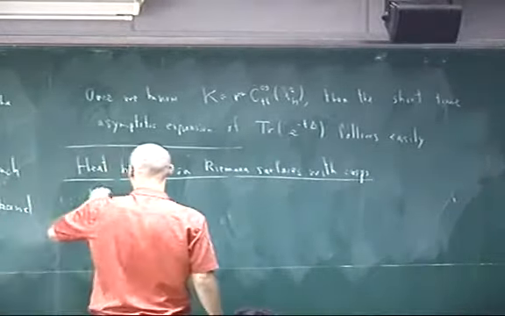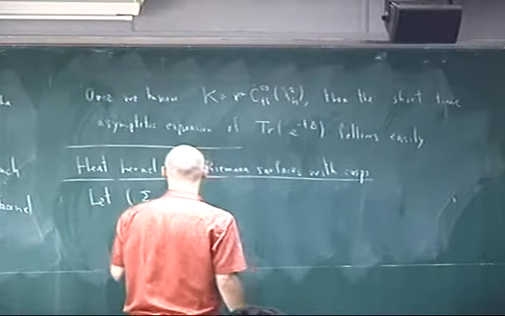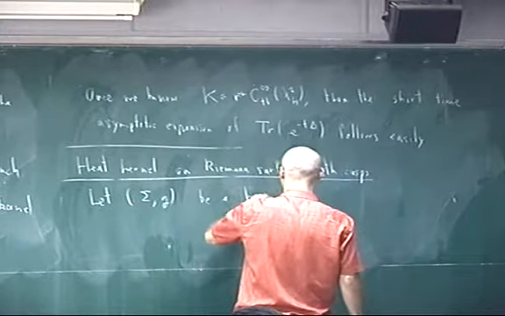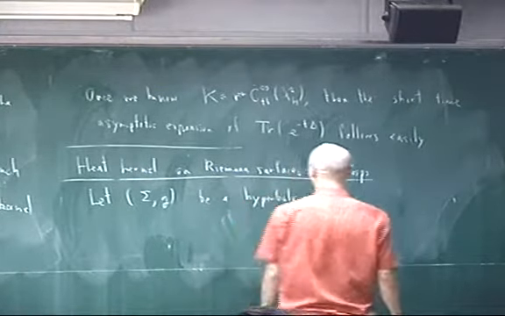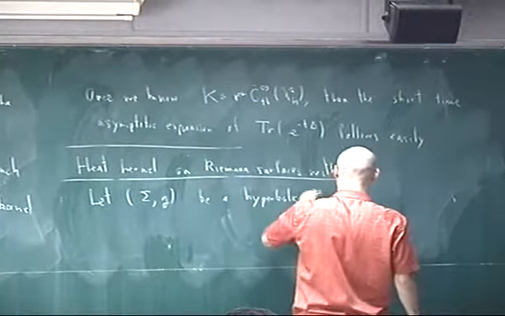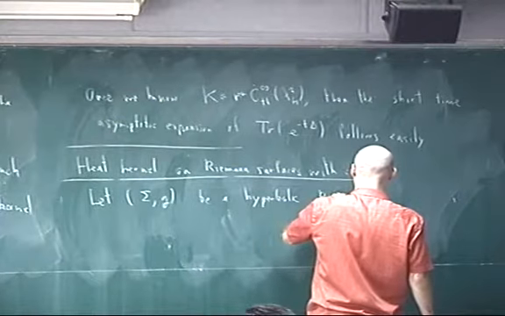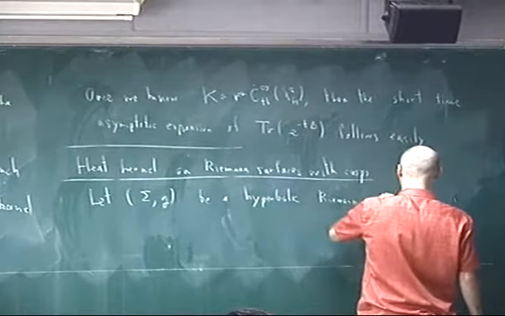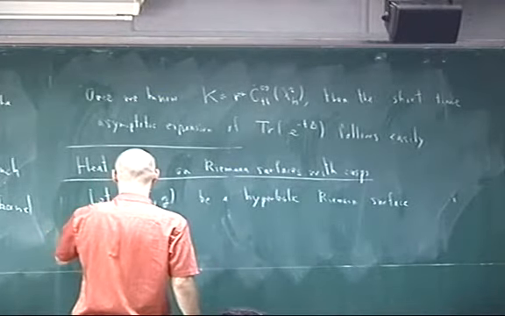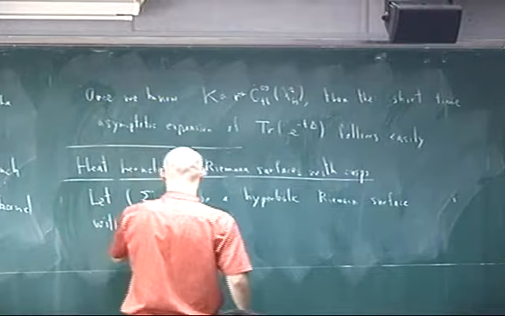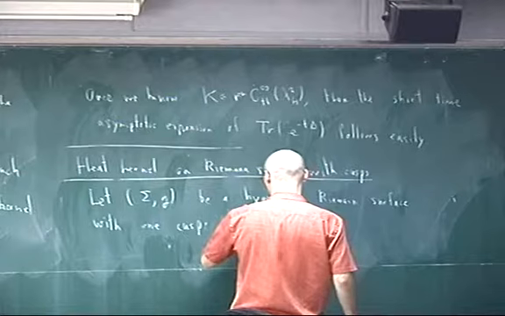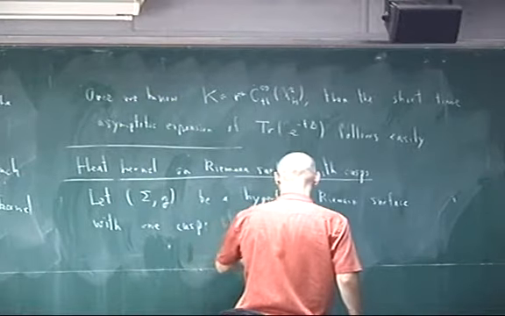So let's imagine, I'll assume it's hyperbolic, but it's not really necessary for the assumption. So let the surface be a hyperbolic Riemann surface with, let's say, one cusp. Okay, so here's a picture.